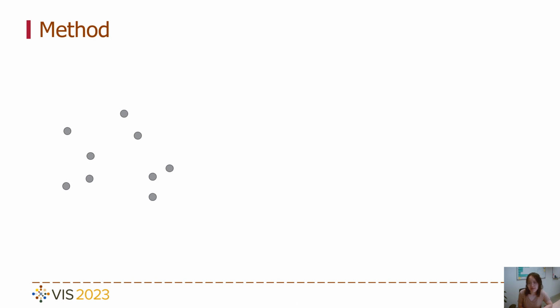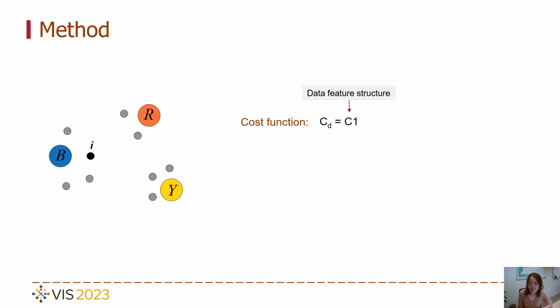So, what is our method? To preserve the data feature structure, we apply the original t-SNE to data feature values as our first cost function, C1. For the class probability structure, we introduce class landmarks. Instances with higher probability should be closer to the corresponding class landmark.